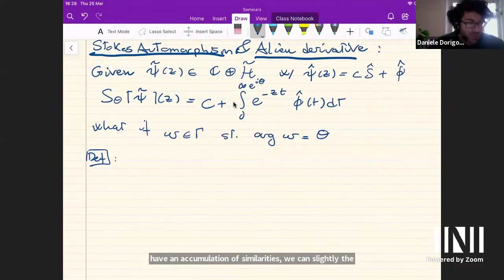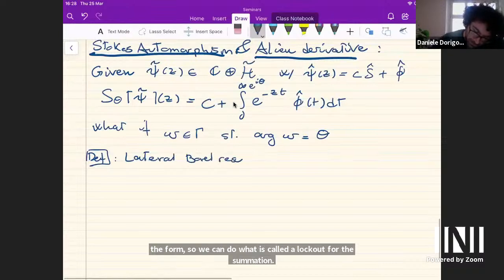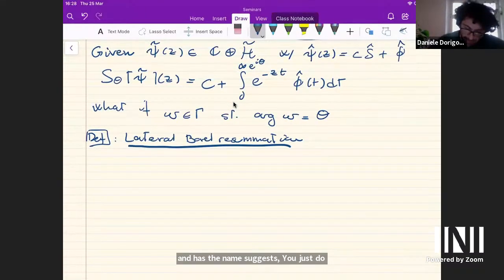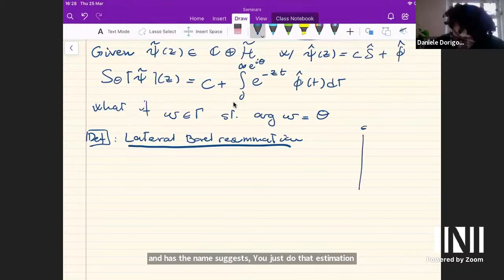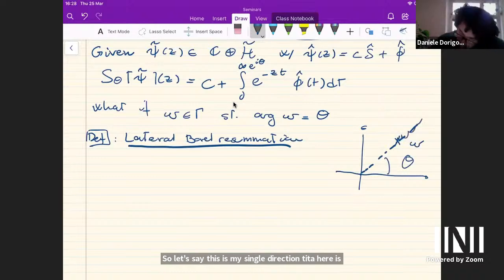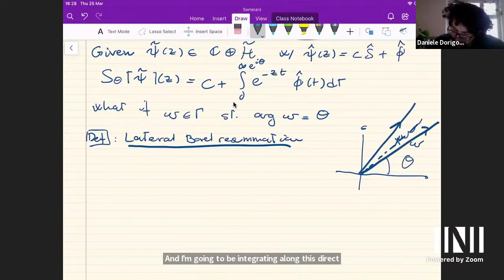So we can do what is called a lateral Borel summation. And as the name suggests, you just do the resummation slightly from above or slightly from below. So let's say this is my singular direction, theta. Here is omega. I have a branch cut from here. And I'm going to be integrating along this direction or along this direction.